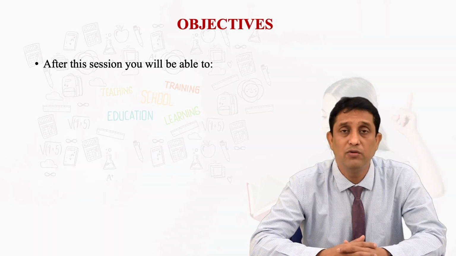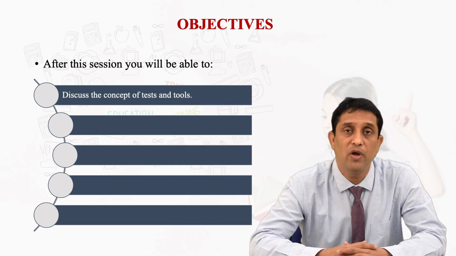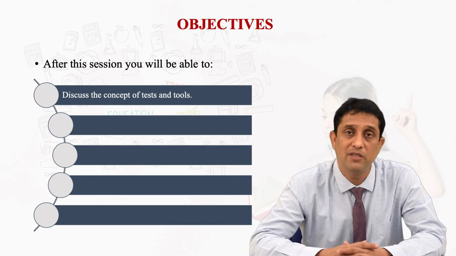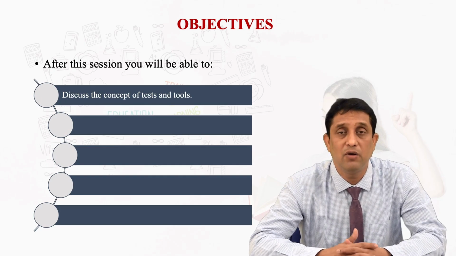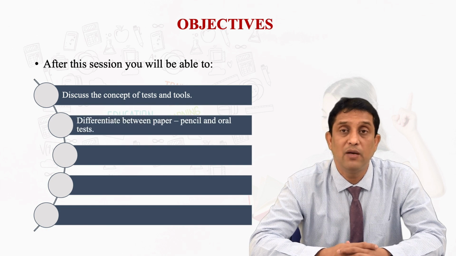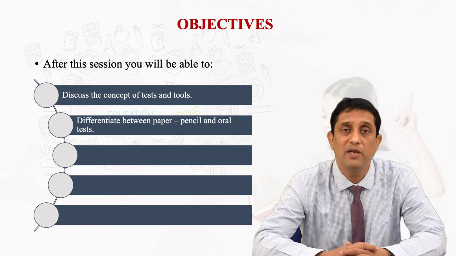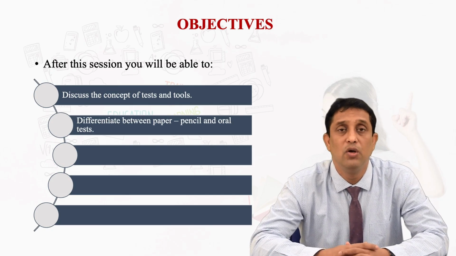The learning outcomes of this video lesson: after going through it, you will be able to discuss the concept of test and tools. What is the concept of a test and what is the concept of a tool? Then differentiate between paper-pencil and oral tests, and what the difference between these two is.